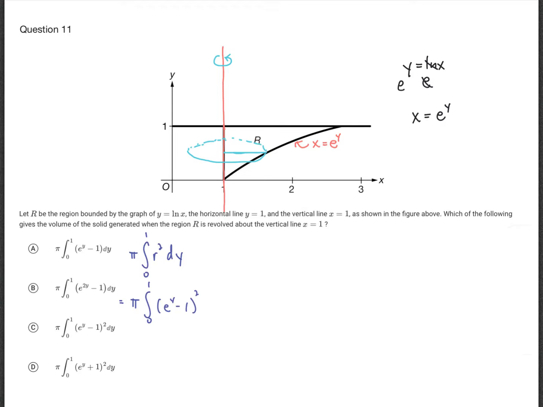So just have to square it and dy. Okay, and nice, they don't want us to actually integrate it, so that should just be the answer there. E to the y minus 1, so that should be a. Oh no, a is not squared, so that's c. Is that right? Yeah, okay.